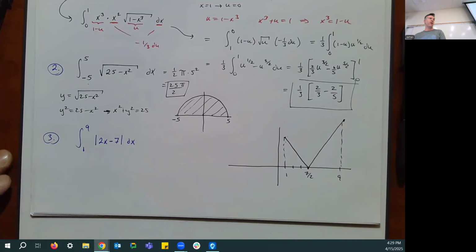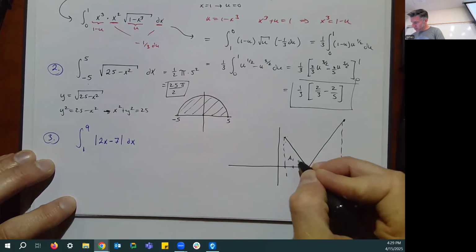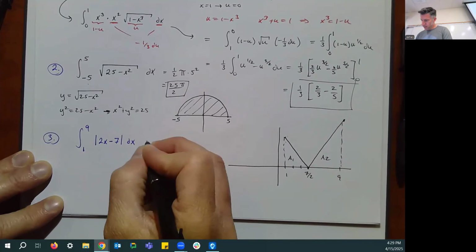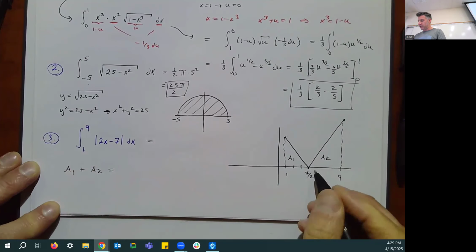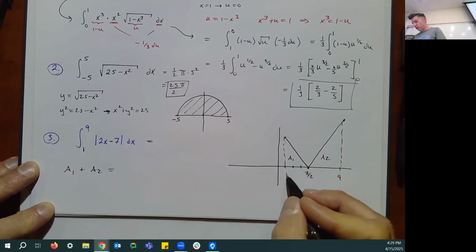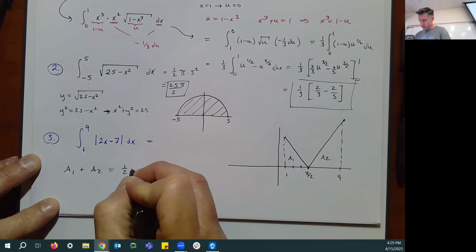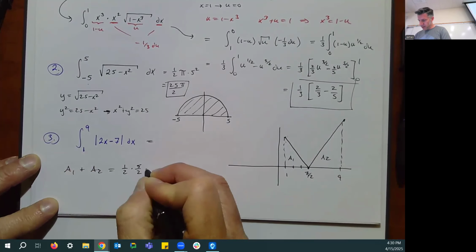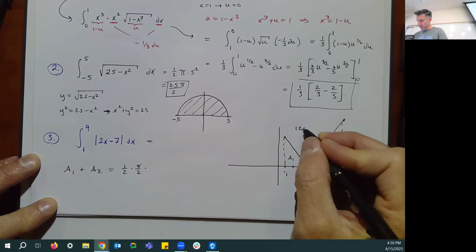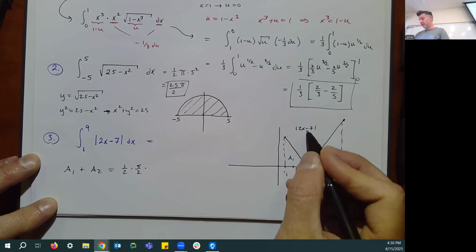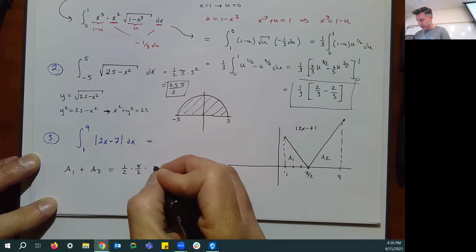1/2 base times height. So this first triangle has a base of 7/2 minus 1, which is 5/2, and a height of, if you plug in 1 to your function, the absolute value of 2x minus 7, 2 minus 7 is -5, and the absolute value is +5.